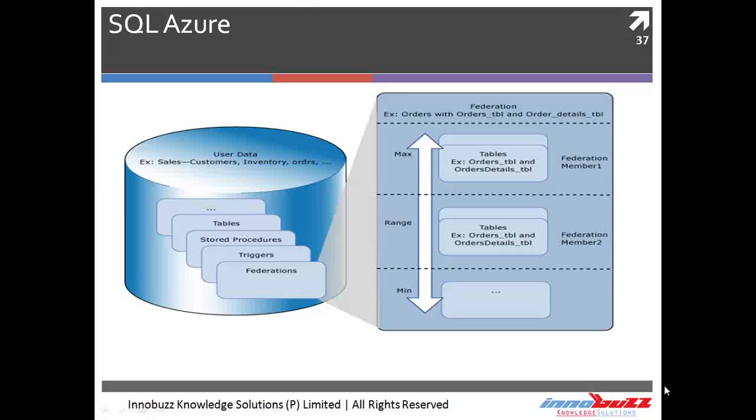So now if we look at federations in SQL database, that is the way to achieve greater scalability and performance from the database tier of your application through horizontal partitioning. One or more tables within the database are split by row and partitioned across multiple databases.